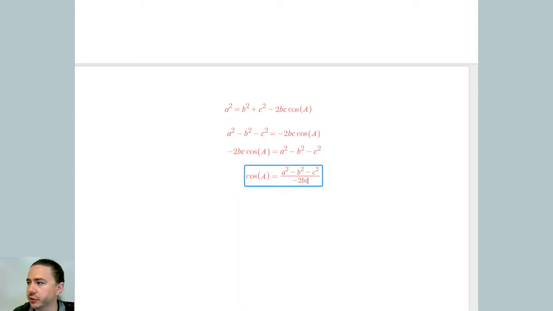Now, a lot of times if you look this up in a textbook, this is going to be multiplied by negative 1 over negative 1, and so it will look a little different if you were to look it up in a textbook or online. So let me show you what that may look like if you look this up elsewhere. They'll basically swap all the signs here by multiplying this by negative 1 over negative 1.